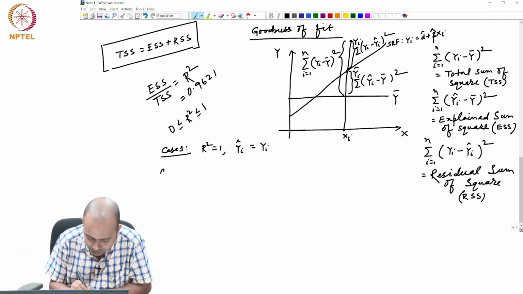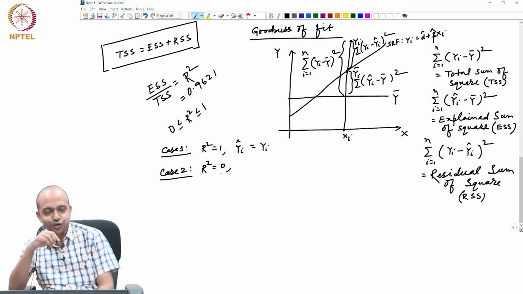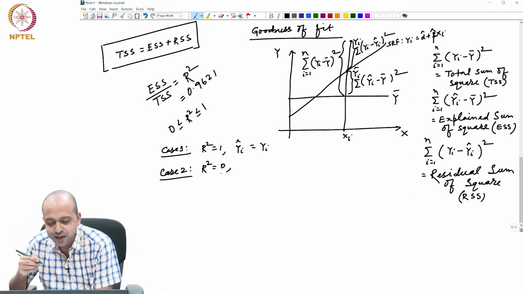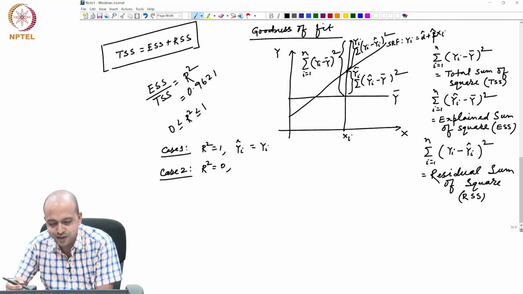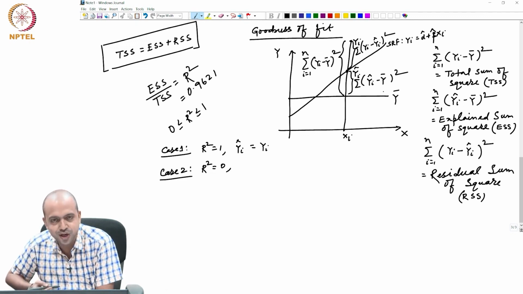Similarly, what does R square equals 0 mean? When R square equals 0, your model is not able to explain anything. In terms of the diagram, there is no explained sum of square, so your line will tend downwards and converge to the average line.